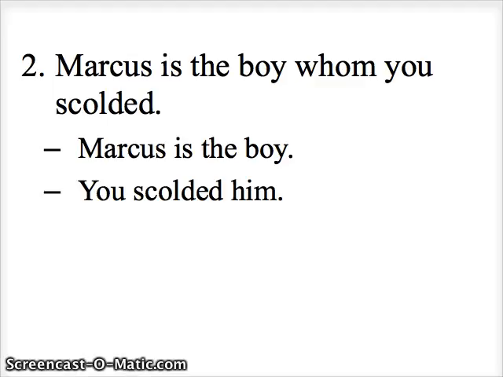So, Marcus is the boy whom you scolded. Marcus is the boy, you scolded him. And our relative pronoun whom here stands for the direct object, him, of the verb scolded.